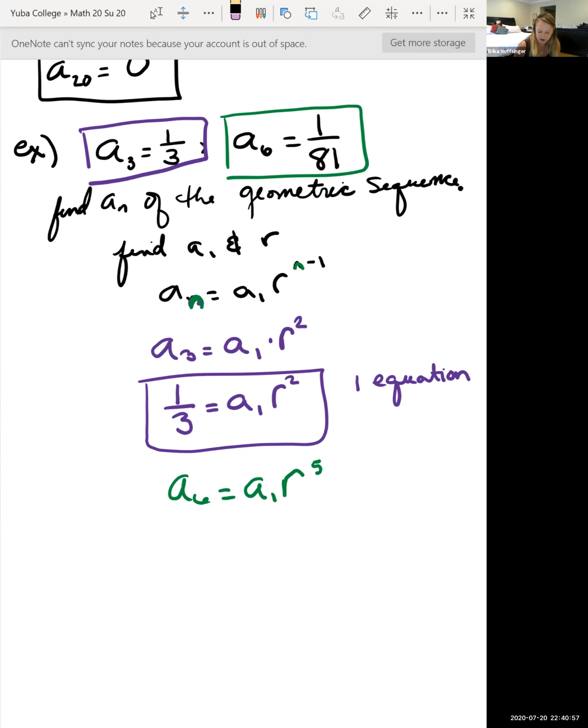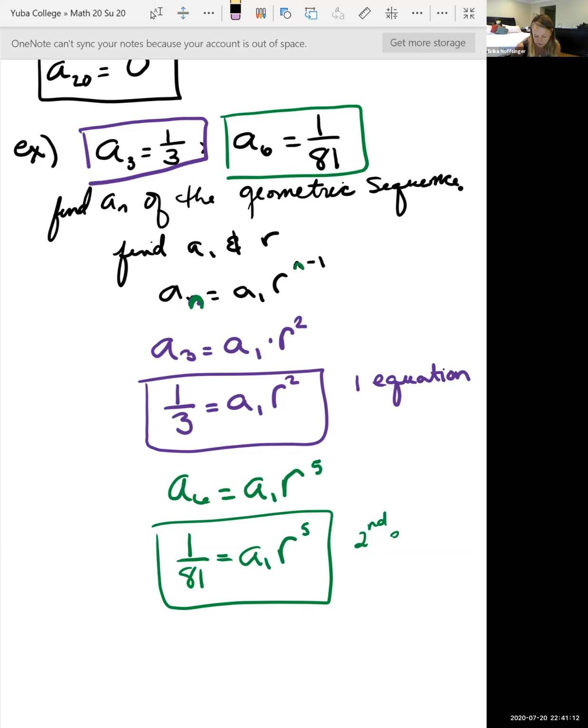It's 1 over 81 is equal to a sub 1 times r to the 5th. So we have a second equation. So we have two equations, two unknowns. We have a system of nonlinear equations, which we did in this course.